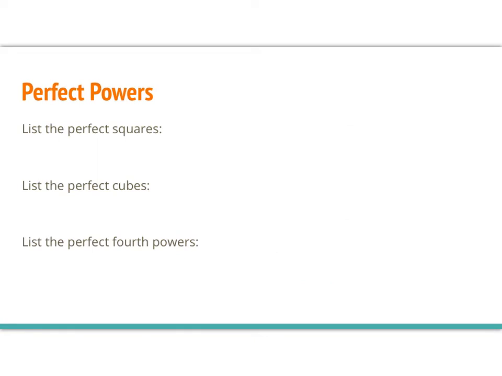So list the perfect squares, the perfect cubes, and the perfect fourths, so that you kind of get a feel for what they are. They're important to know. So 1 times 1 is 1, 2 times 2 is 4, 3 times 3 is 9, etc. Onwards and upwards. You might have more room on your paper.